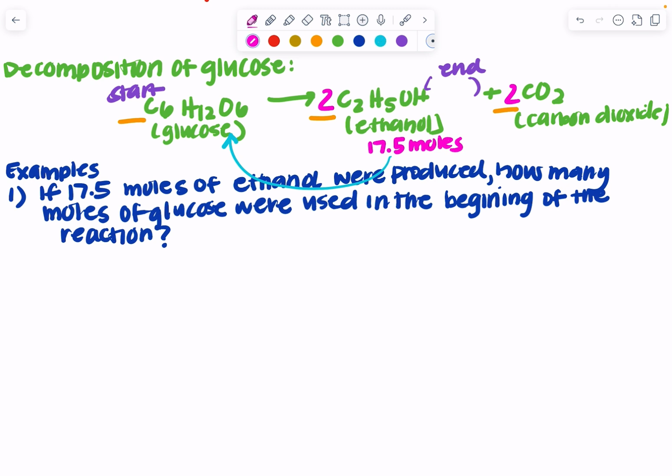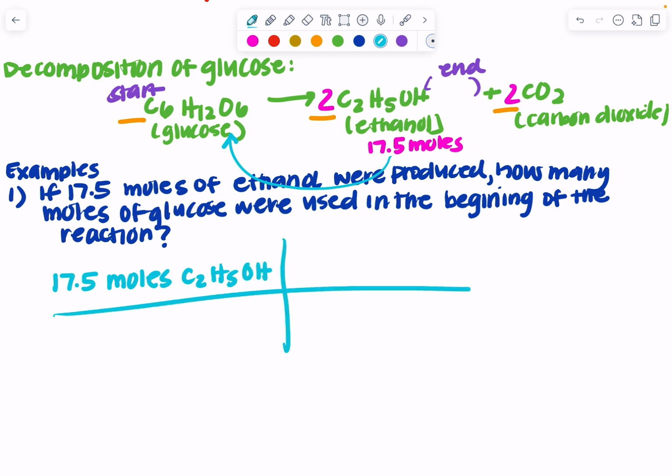And again, you cannot go wrong with starting with what you're given. 17.5 moles of C2H5OH. There has to be a relationship between moles of C2H5OH and moles of C6H12O6. The question is asking for moles of glucose.